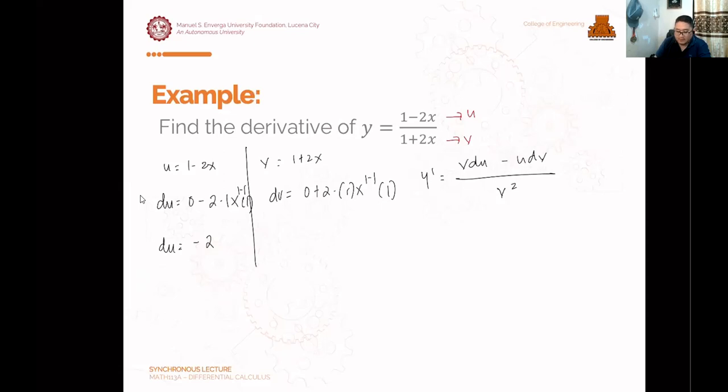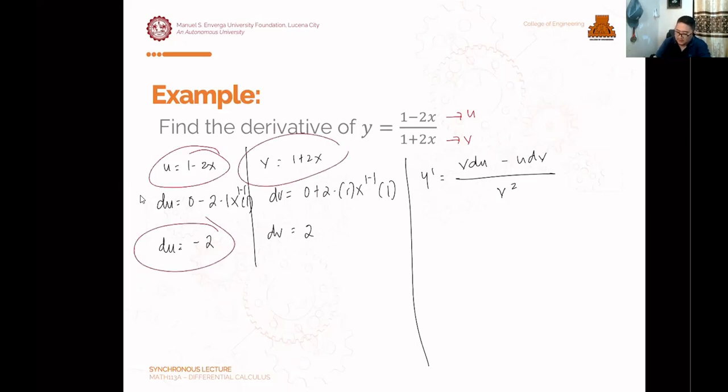Then yung x 1 minus 1 natin will be equals to 1, kaya 2 na lang yan. So yung dv natin will be 2 na lang, positive. Okay? Once we have those value, ito yung mga value yung kailangan natin. Substitute lang natin dito sa equation.